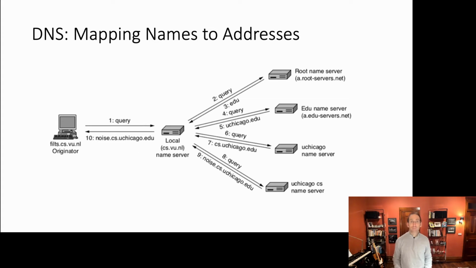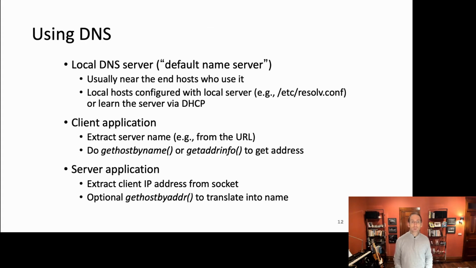address to the client. A local DNS server, sometimes also called a local stub resolver or a default name server or a default resolver, is usually topologically close to the clients that use it for lookup. A local host might be configured with that local name server or local resolver, and that configuration may live in a file.